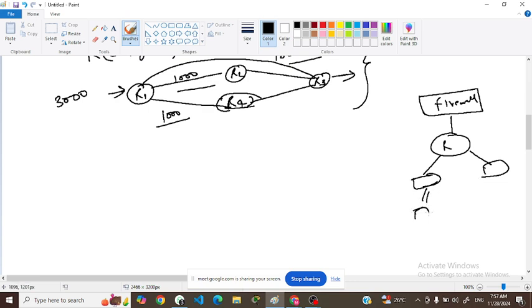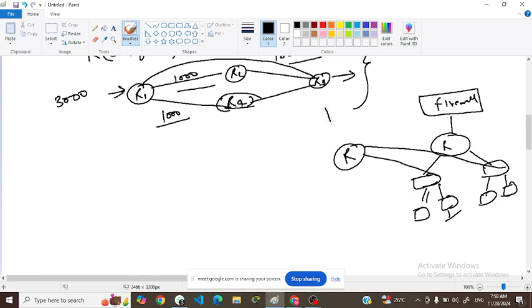Here are the PCs. And here is another router which is connected to these switches also, and here is another firewall for backup purposes. It is also connected with each. For backup purposes, we connect this router to this firewall and this firewall to this router.